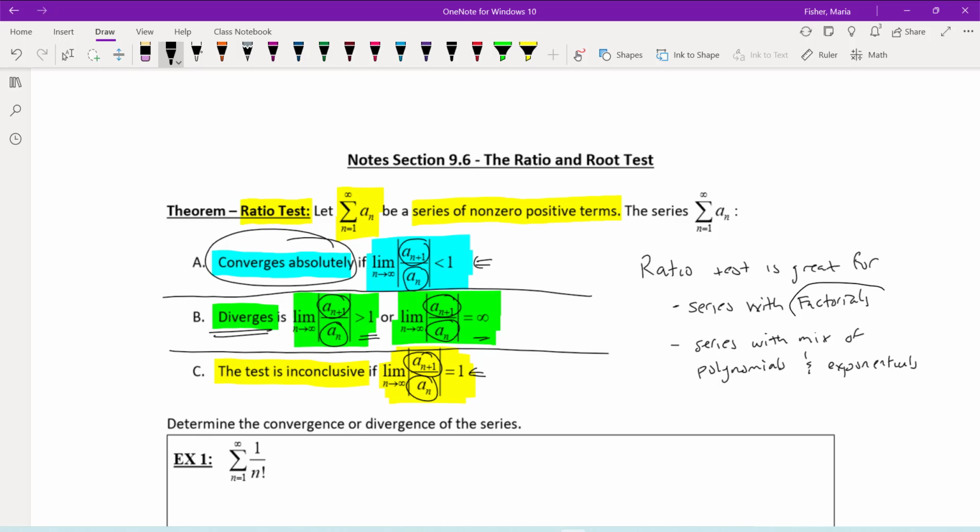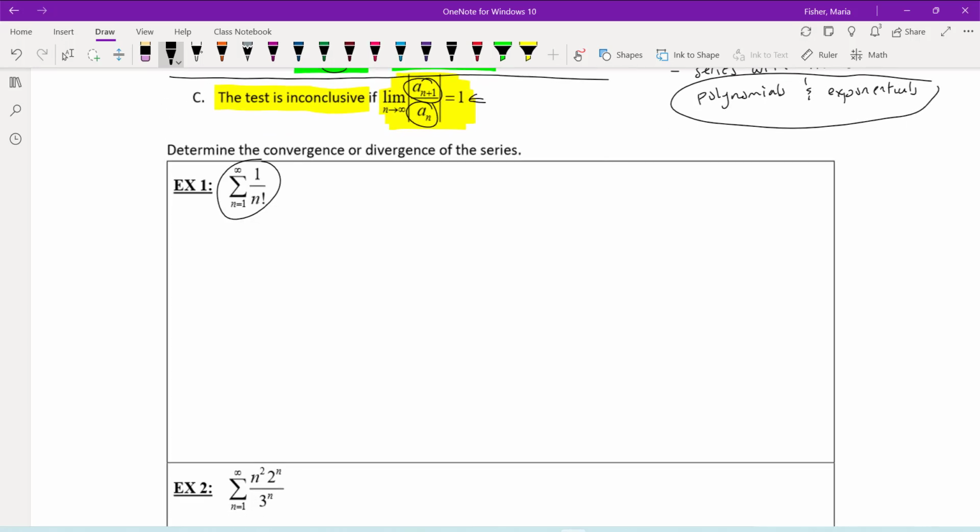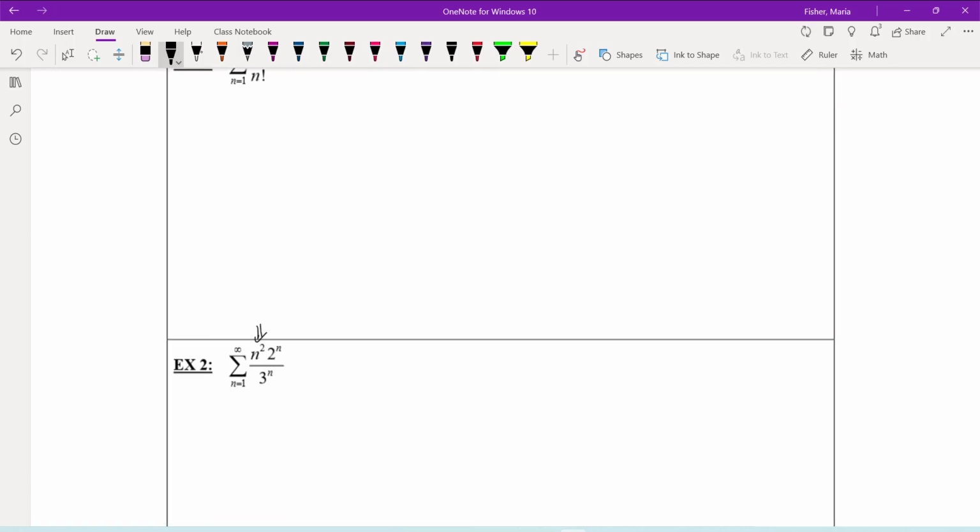So anytime you see a factorial in your series, or a mix of polynomials and exponentials, you're going to want to use the ratio test. For example, number 1 has a factorial, and you'd want to use the ratio test for that. Number 2 is a mix of polynomials and exponentials, so you'd want to use the ratio test when you're trying to determine if these series converge or diverge.